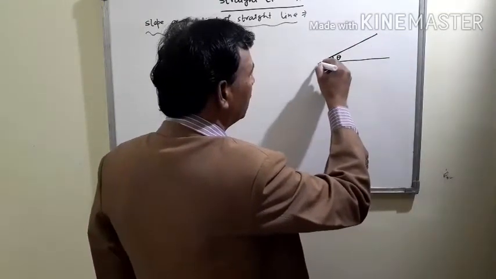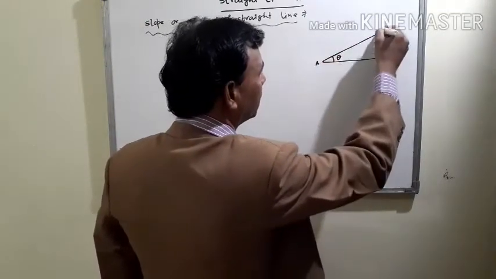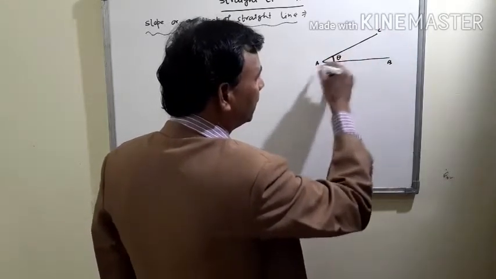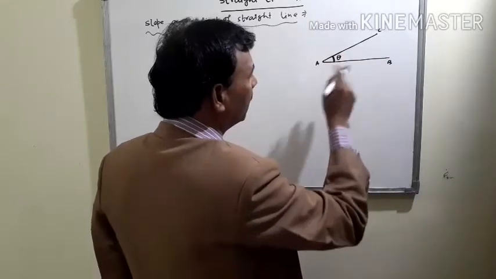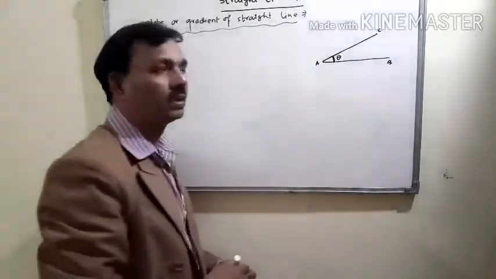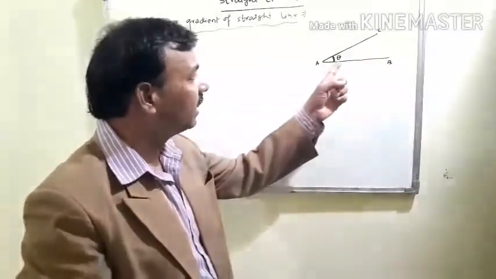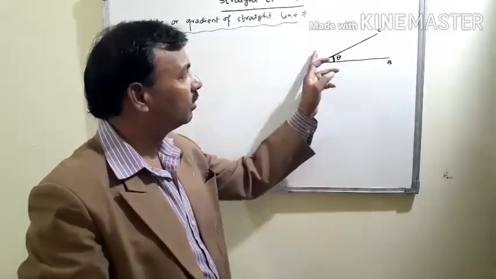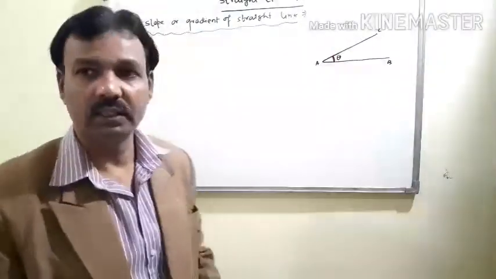Suppose this is A, C and this is B. What is the angle between AC and AB? This is theta. So this is known as slope. That means tan theta, the tangent of this angle, is known as the slope of line AC with line AB.